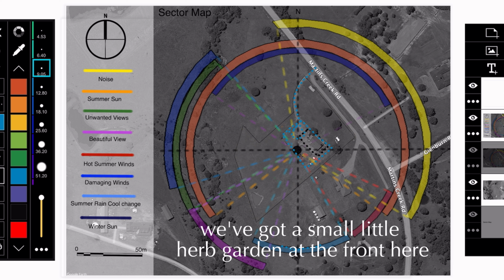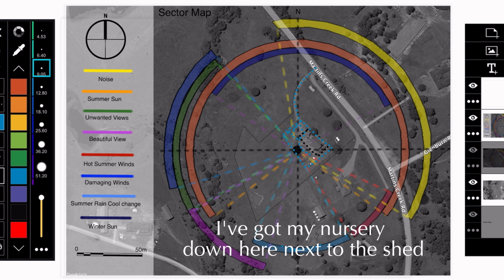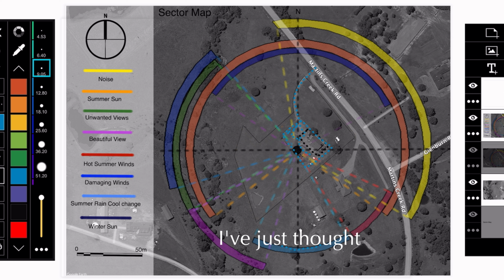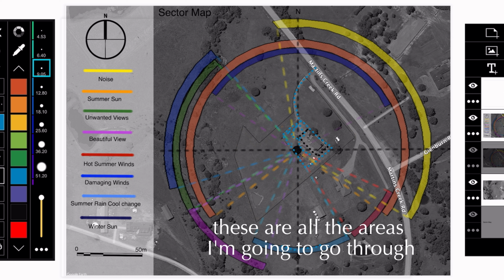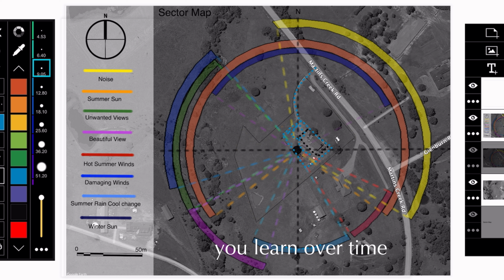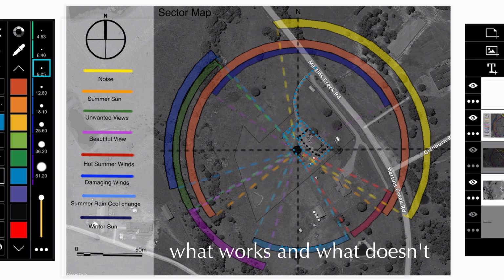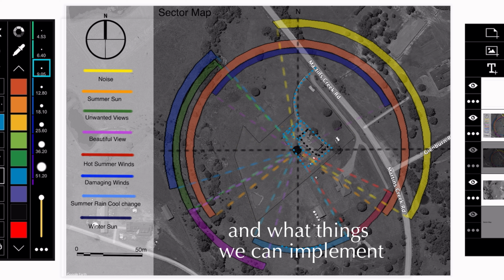We've got a small little herb garden at the front here, and I've got my nursery down here next to the shed. So I just thought, I'm going to visit this every single day. These are all the areas I'm going to go through. And you learn over time what works and what doesn't, and what things we can implement.